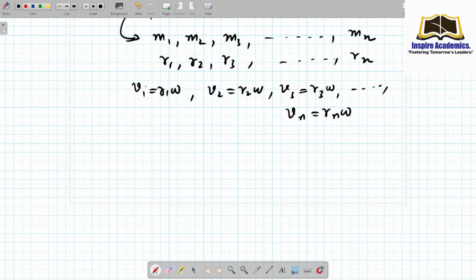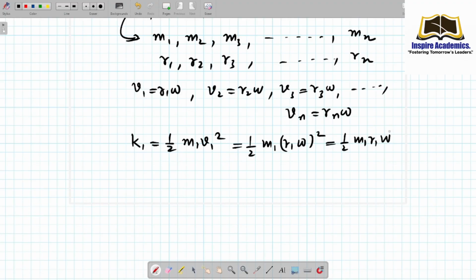So kinetic energy is involved with each particle. Let us write K1 will be half m1 v1 square. If we put the value of v1, it is half m1 r1 omega whole square, which is half m1 r1 square omega square.